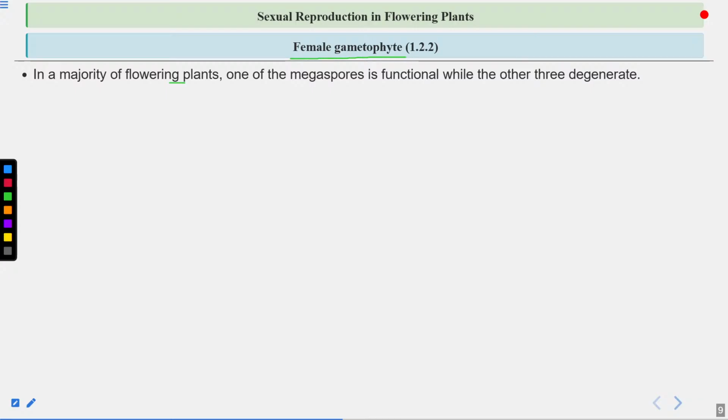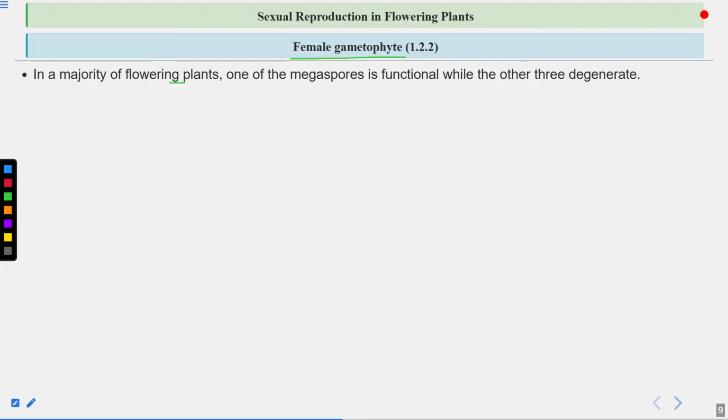Can anyone tell me? 2n. Very good. All the nucellus cells have ploidy 2n, and one becomes different because its size increases and it accumulates cytoplasm and a prominent nucleus, but the ploidy is still 2n, and that cell is called the megaspore mother cell.